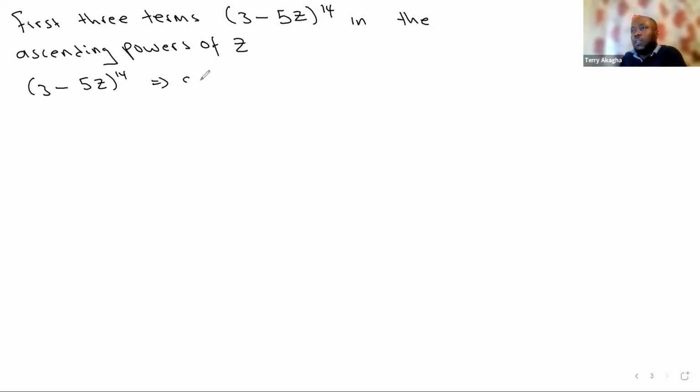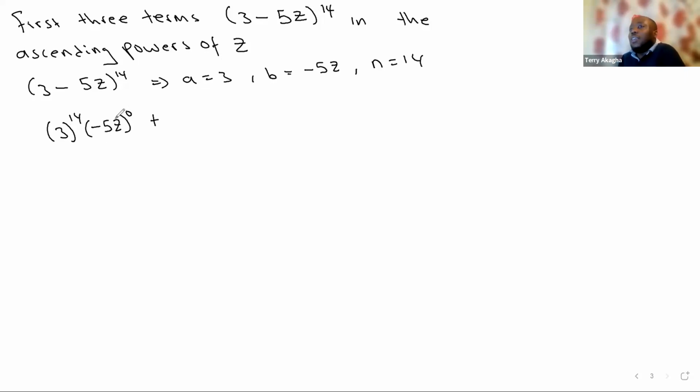So A is equal to 3, our B is minus 5z, and our n is going to be 14. So it's going to be 3 raised to the power of 14, and in this case, minus 5z raised to the power 0. Is that making sense? Because it's going to be the ascending power of z, z must be the one to take the 0.